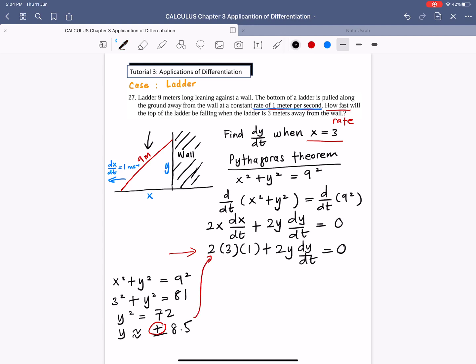Then we have here 6 plus 2 times 8.5 times dy/dt equals 0. So we have here 17 dy/dt equals negative 6.